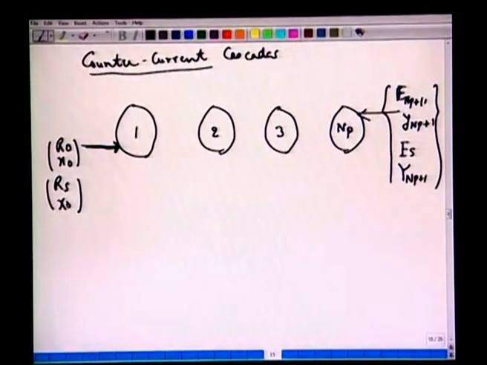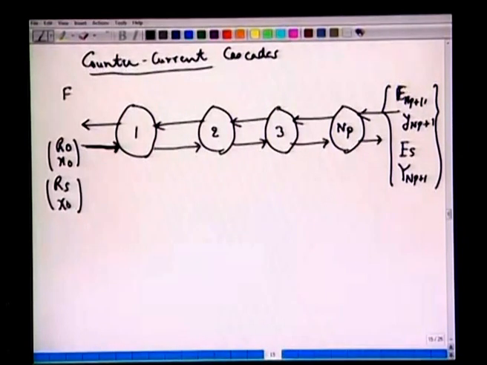So, we have the streams like this, and we are following the same nomenclatures. That means, here we can write Es will remain the same as what enters here, and we can use capital Y1. So, Y1 means this subscript denotes it originates from stage 1.